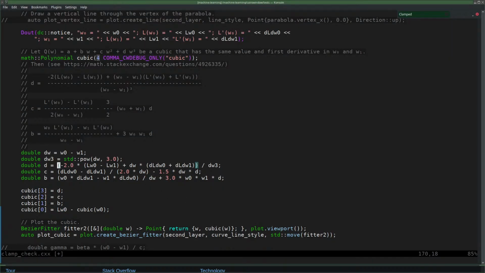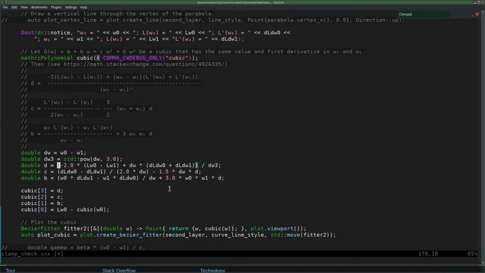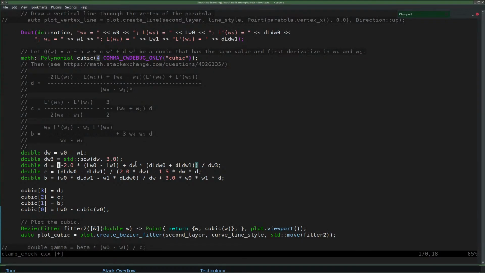D is, wait a minute, this one, W0 minus W1 times derivatives added minus 2 times the difference between the L values.